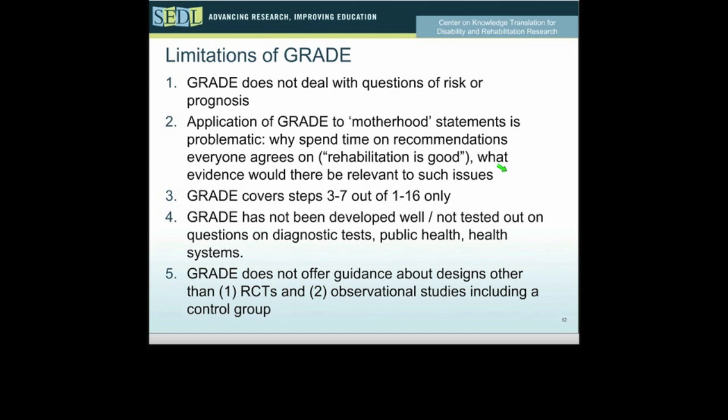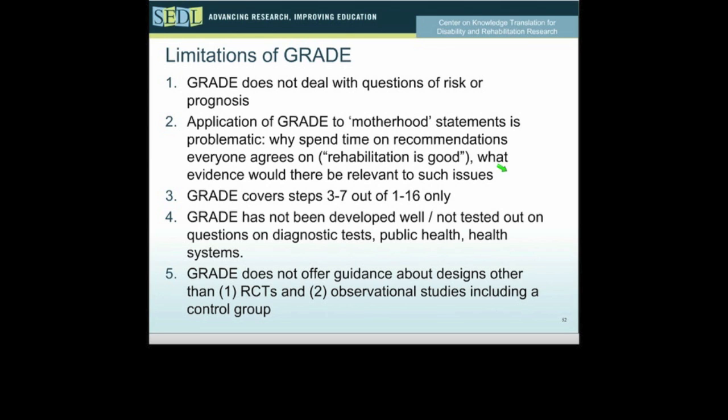Lastly, GRADE, at least in its current incarnation, doesn't give you much guidance as to what to do with designs other than either RCTs or observational studies that have a control group.